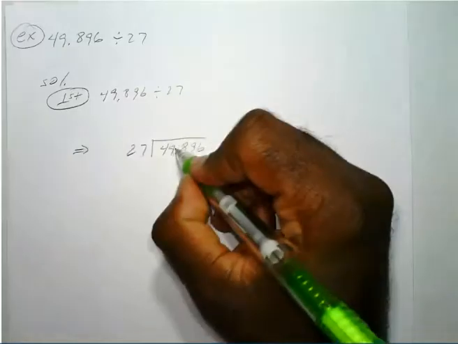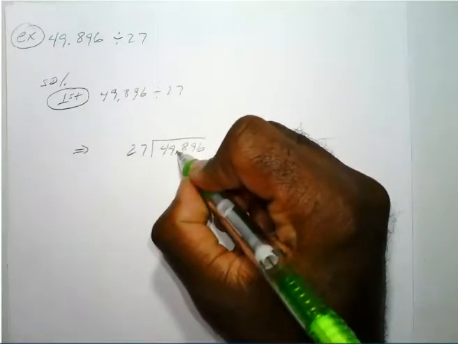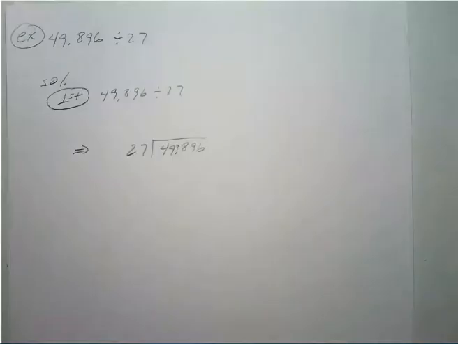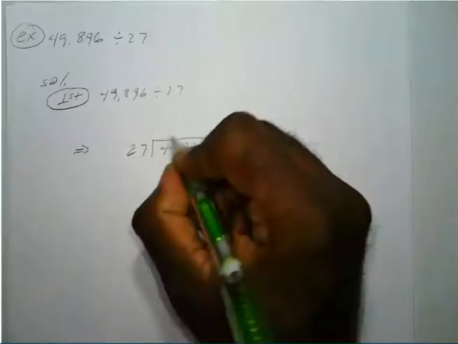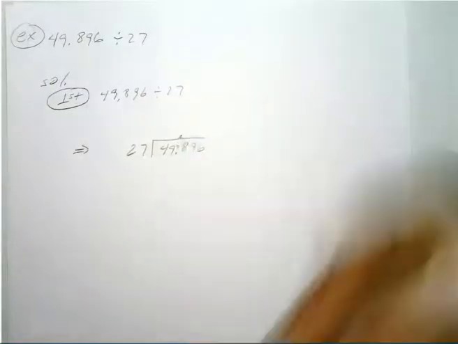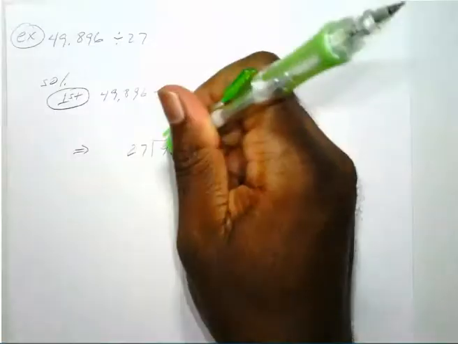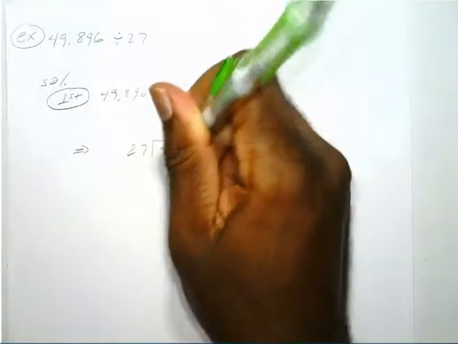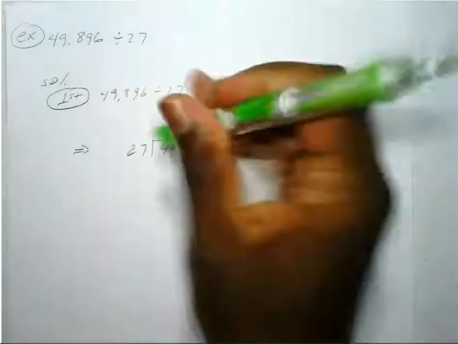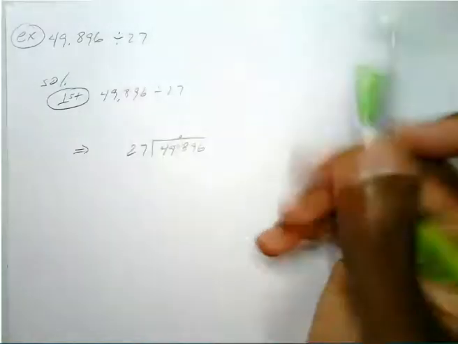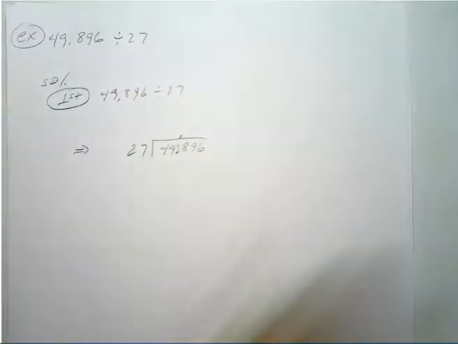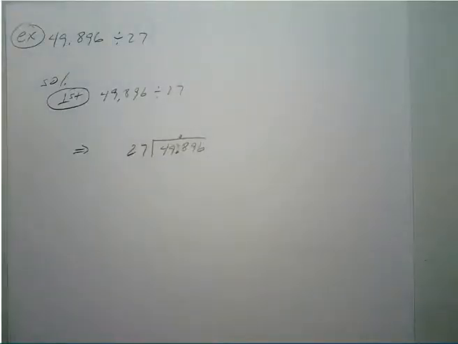So you also get your decimal and you run it straight up. That's a little arrow, which means it goes right there. Now we just divide as always.